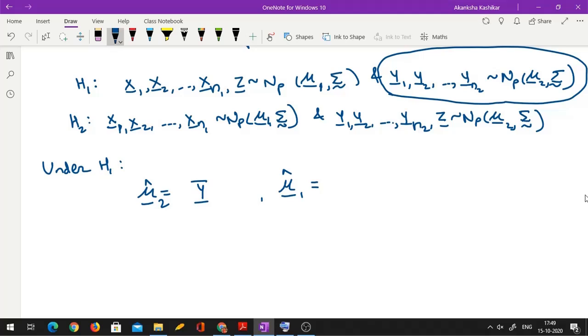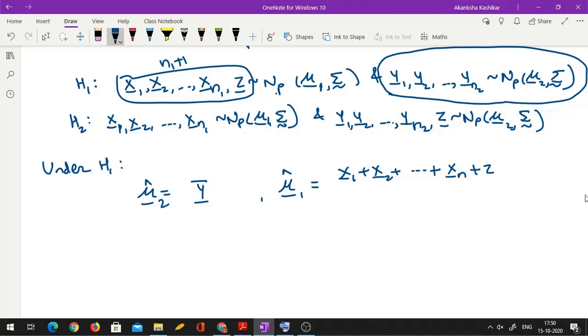So if x1, x2, up to xn1, comma z, this sample of size n1 plus 1, is coming from the first population, then my mu1 hat would be x1 plus x2 plus up to xn1 plus z divided by n1 plus 1. Correct?